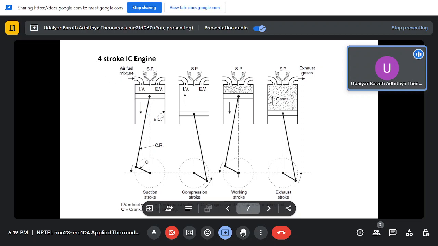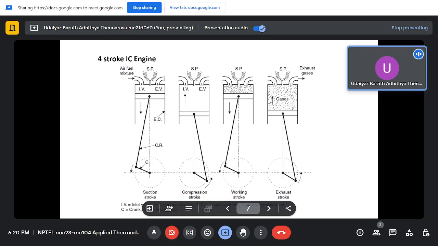Once the piston reaches the bottommost dead center, it will start compressing the air plus fuel mixture which is inside. Once it reaches the top dead center, based on the valve timing and where the spark plug is initiated, the combustion will take place.